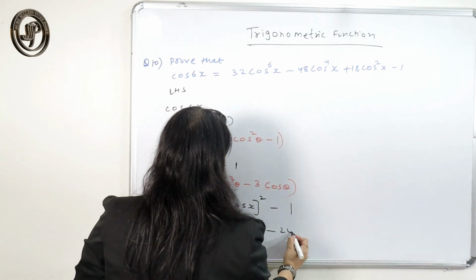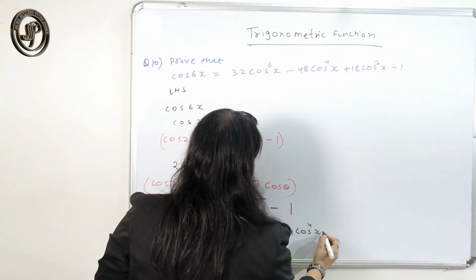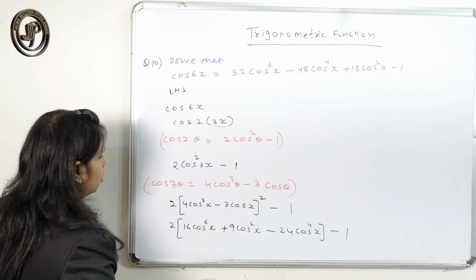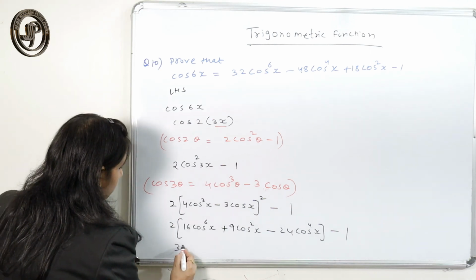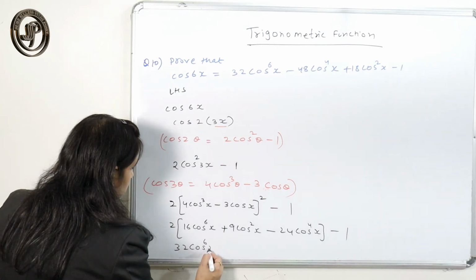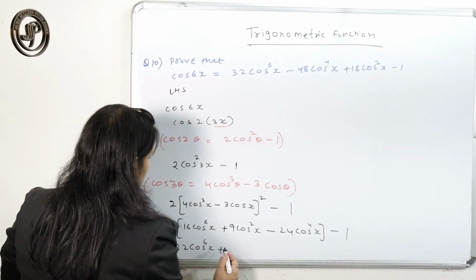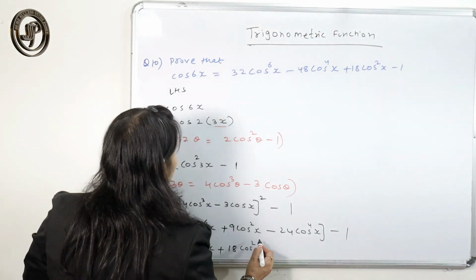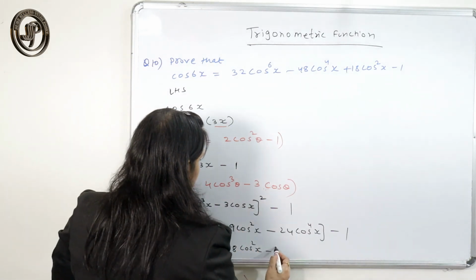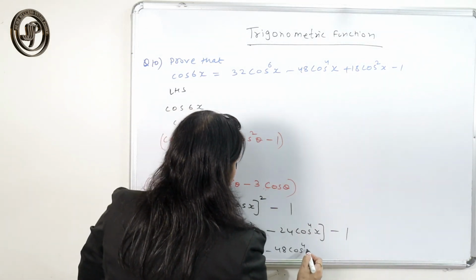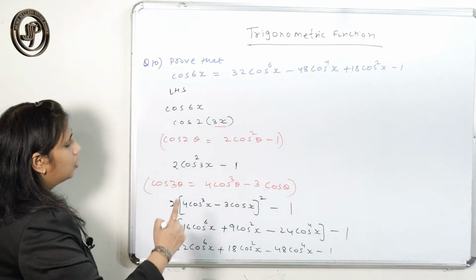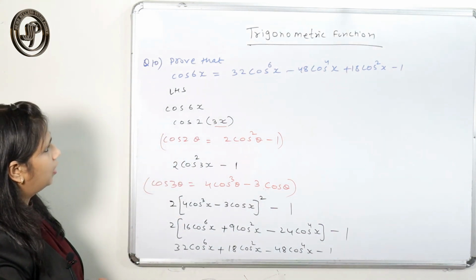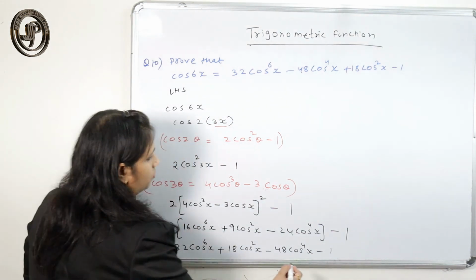So if I open the bracket, 32 cos 6x plus 18 cos square x, minus 48 cos 4x minus 1. That is the only thing which I need to prove.